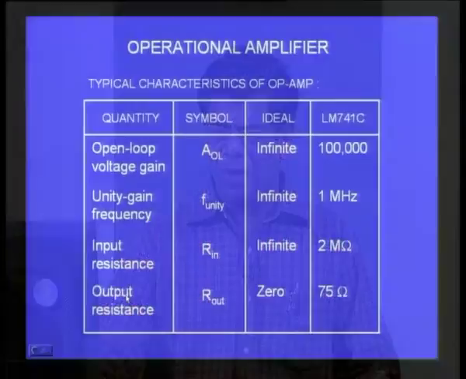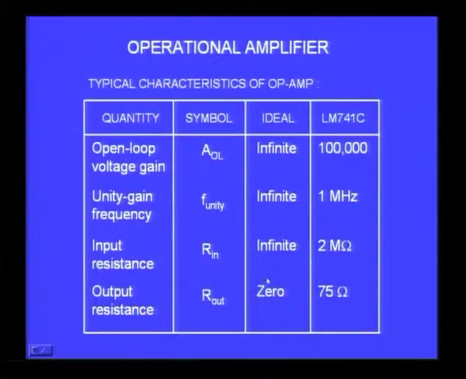Similarly, output resistance is 0 for an ideal op amp and about 75 ohms for a typical operational amplifier which you buy from the market. So you can see most of the numbers are really very close between the ideal and the actual op amp.